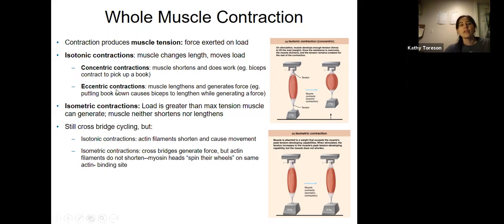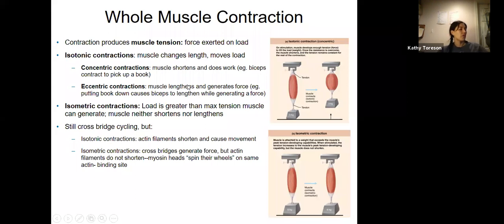But one type of isotonic contraction that I didn't discuss is eccentric contractions. In eccentric contractions, the muscle is lengthening, but still generating force.